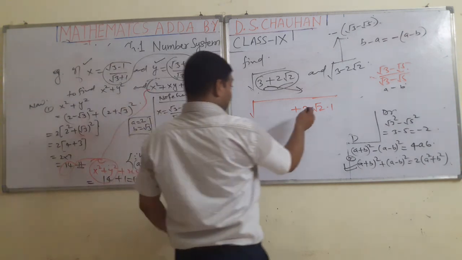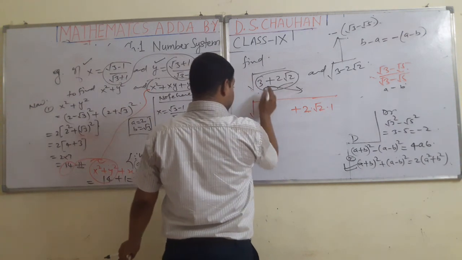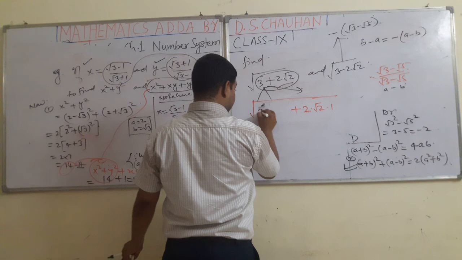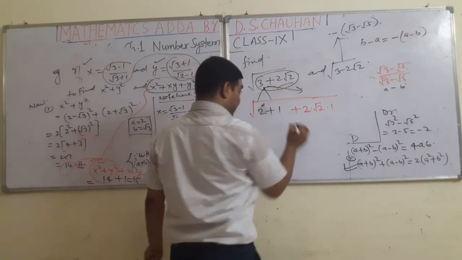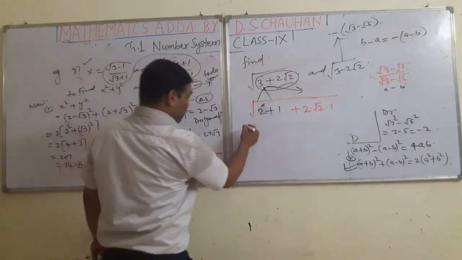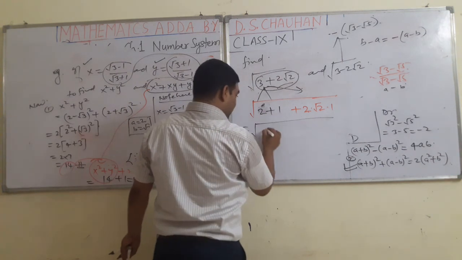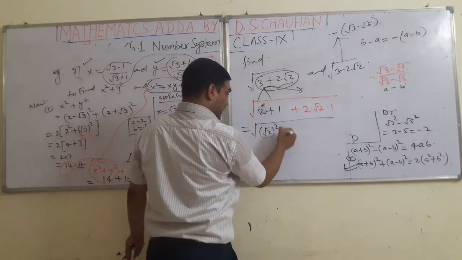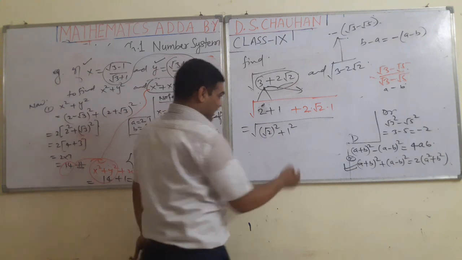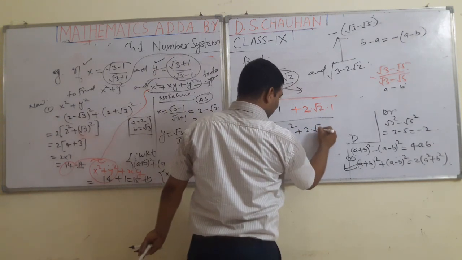And see here, instead of 3, we can note down 2 plus 1. Am I right? And you know 2 is the perfect square of root 2, 1 is the perfect square of 1, and this is 2 into root 2 into 1.